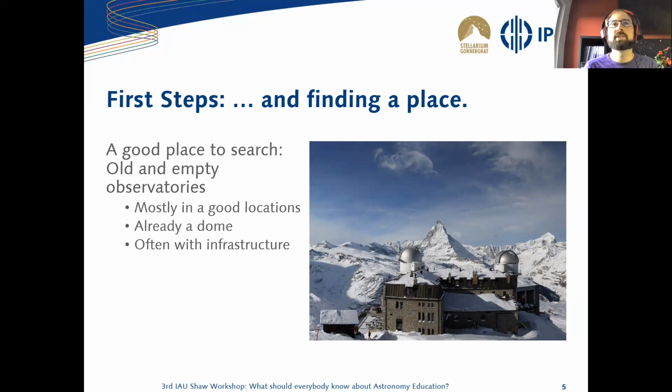So old places that have still really good conditions are free and can be used for educational purposes, and they have possibilities that are more than good enough for what we need. Or you can have a look at the working observatories, if you can observe with them, if you can put a telescope there. Both have the advantage that most of the infrastructure is already there.